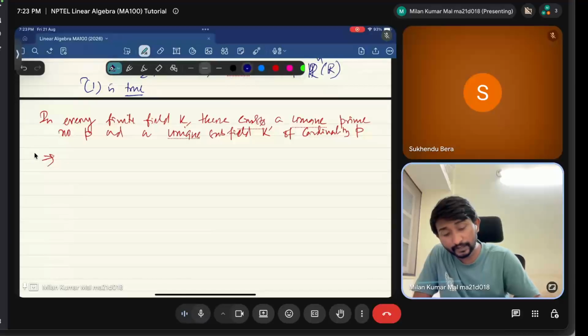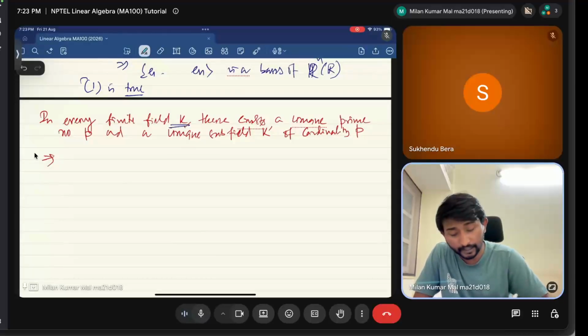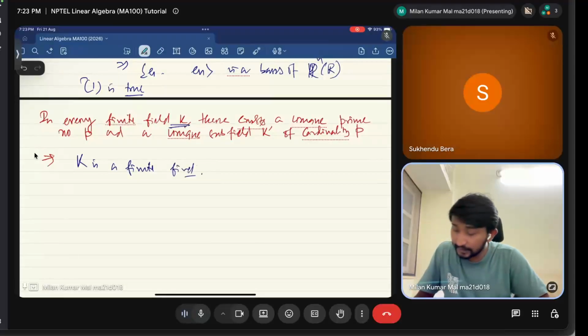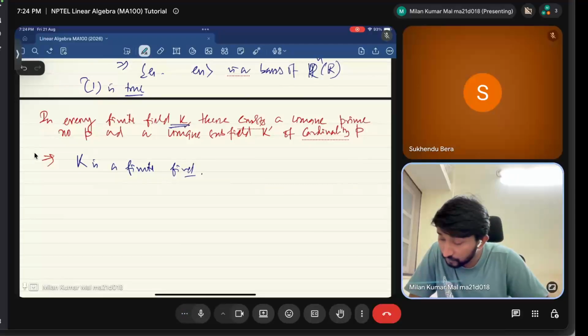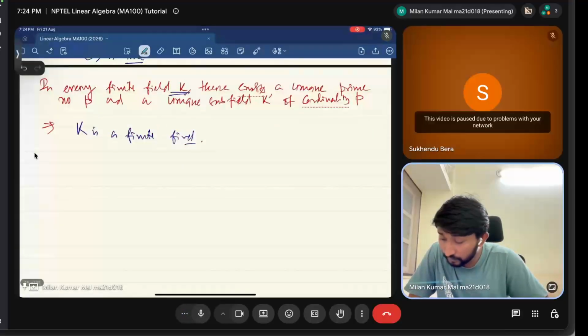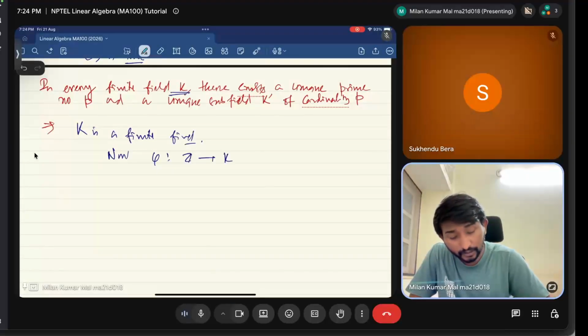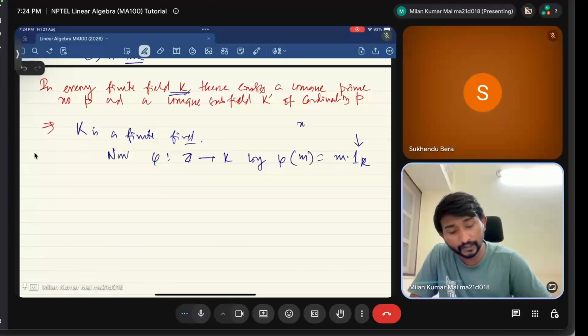What is given here is that we have a finite field, K. Let's take the characteristic of the field K to be M. Now define a map phi from the integers Z to K by phi of M equals M times 1 of K, where 1 of K is the multiplicative identity of the field K.